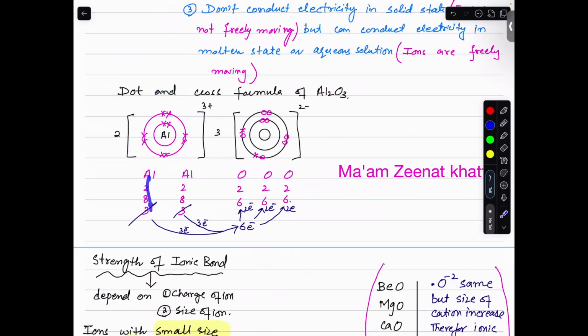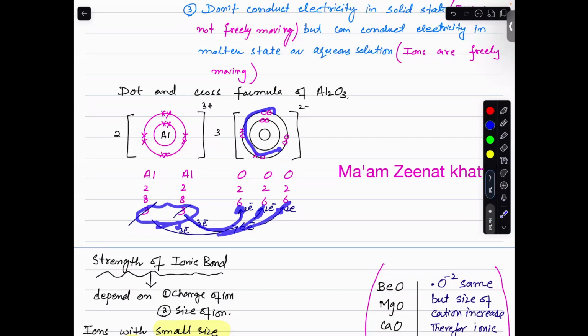Now, how many aluminium? 2 aluminium. I'm drawing aluminium oxide. So there are 2 aluminium and 3 oxygen. Aluminium is 2,8,3 and oxygen is 2,6. Each aluminium will lose 3 electrons to become 3 plus, leaving 8 in the outer shell. The total electrons lost are 6, out of 6, given to the oxygens, 2 each.